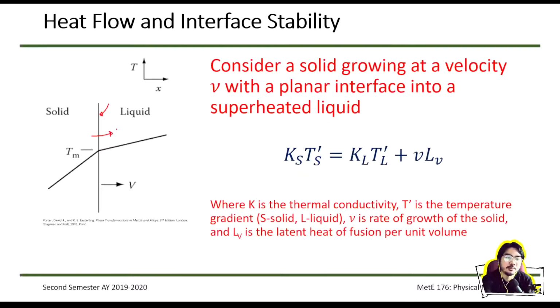Papunta dyan. Tapos, what happens when you are growing into a superheated liquid, meaning that the liquid is hotter than the melting point? So, kumbaga, if ito yung T_m, a superheated liquid is something that looks like this, no? It is above the melting point.